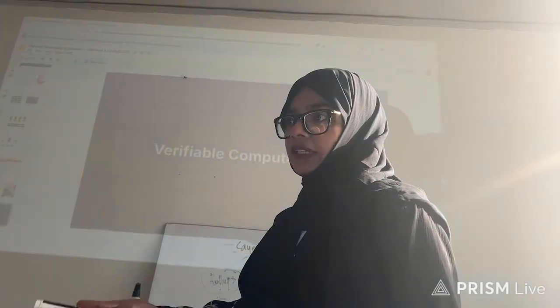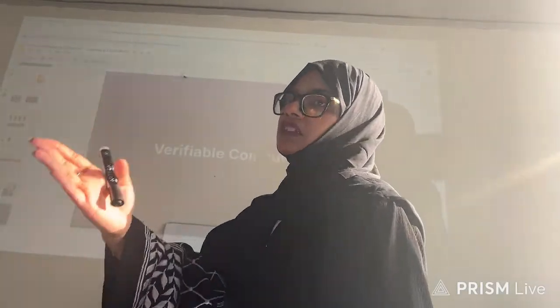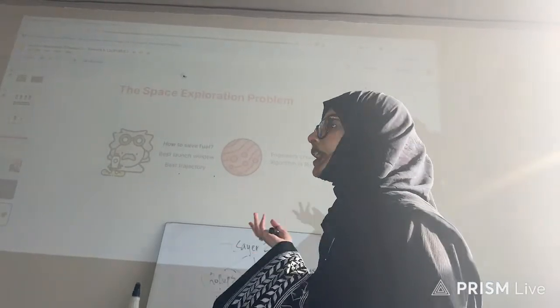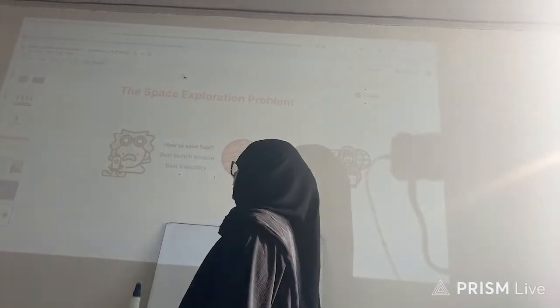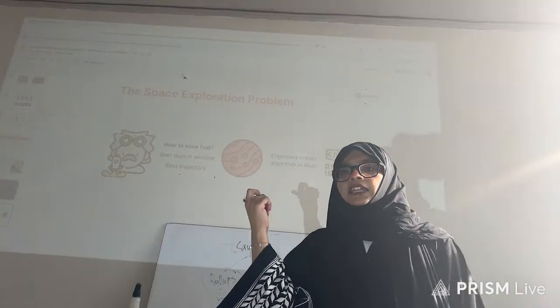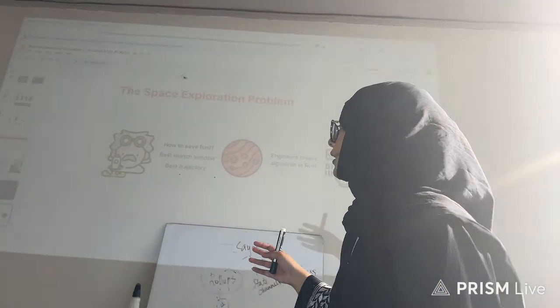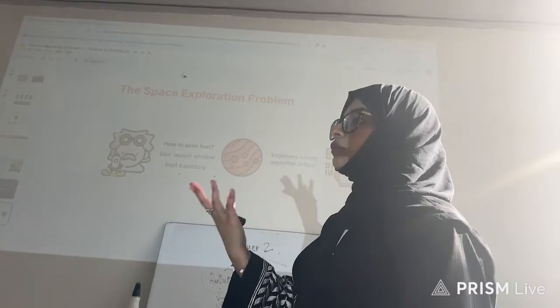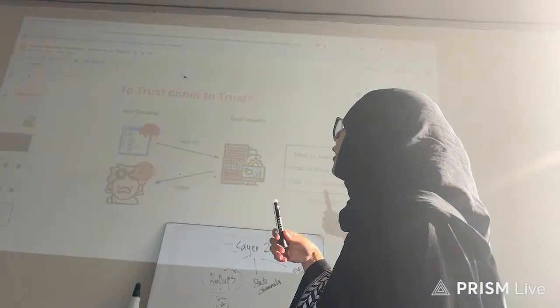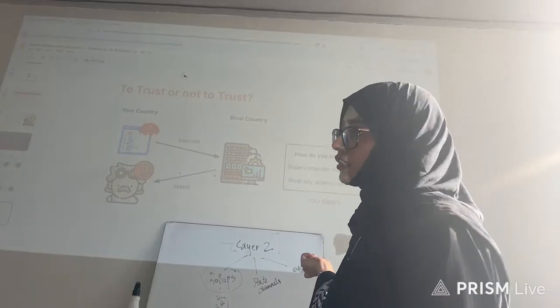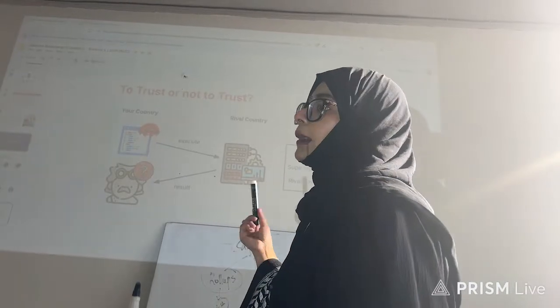Now we talked about validity proofs and how the sequencer is presenting a verifiable computation, right? What does that mean? That's where the space exploration problem came into the picture, where let's say you're a scientist, you want to go to Mars, and you are writing a program in Rust but do not have enough computation to execute it. So you use the supercomputer of a rival country to execute the program and get a result.